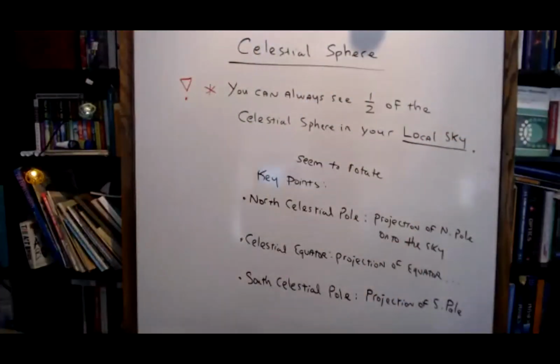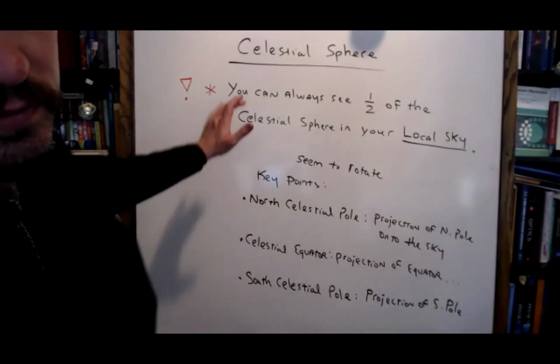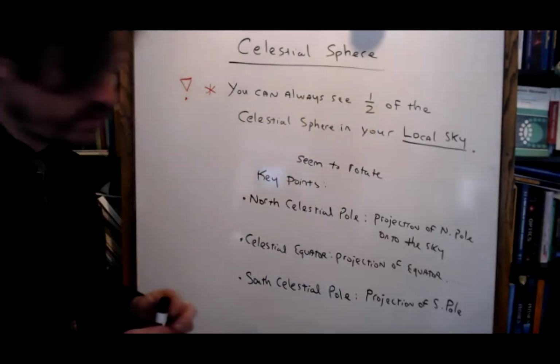Underline local sky because that's an important concept that we have yet to develop. You can always see 1/2 of the celestial sphere in your local sky.